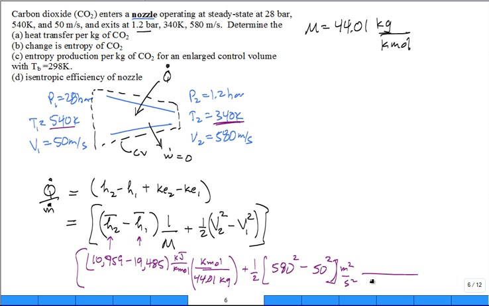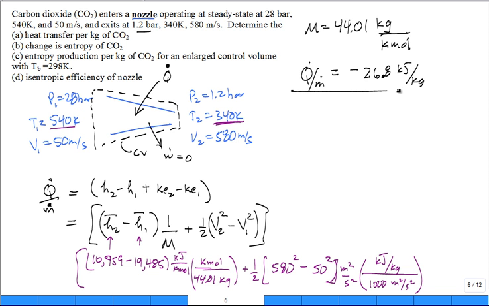That 1,000 meters squared per second squared is a kilojoule per kilogram. Don't forget that conversion factor. And I'm running out of room, but Q dot over m dot comes in at negative 26.8 kilojoules per kilogram. What does the negative sign indicate? It's really that the nozzle's hot compared to the surroundings, and so there's heat transfer from the nozzle to the surroundings.